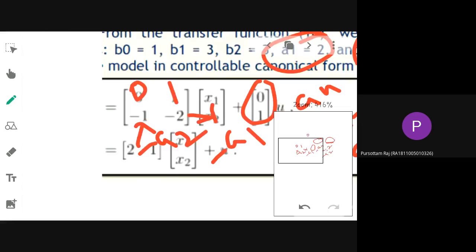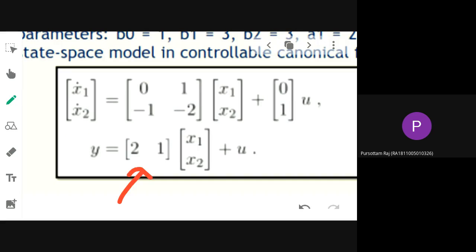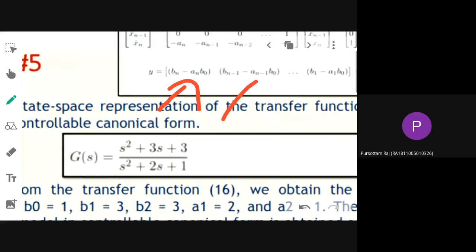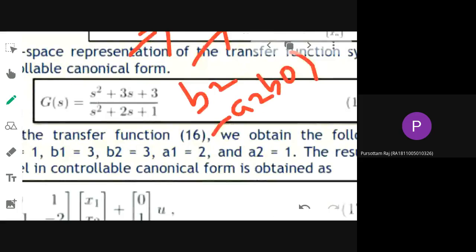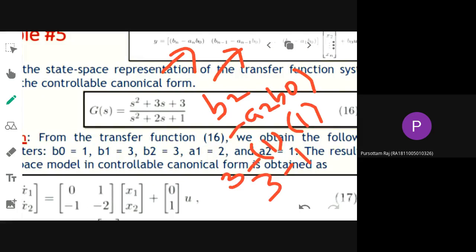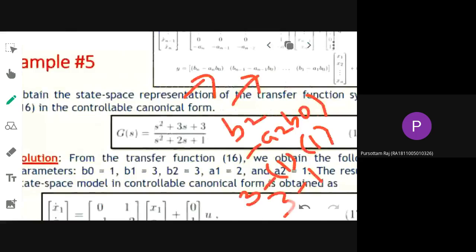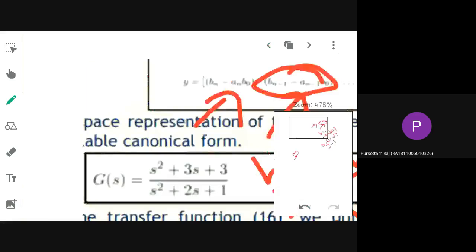Now moving on to how to write C matrix, from this formula. So B2 minus A2 into B naught. So what is your B2 here? 3 minus A2 is 1 into B naught is 1. So 3 minus 1, the answer will be 2. So 2 you are substituting here. Next thing is how to write the second one.